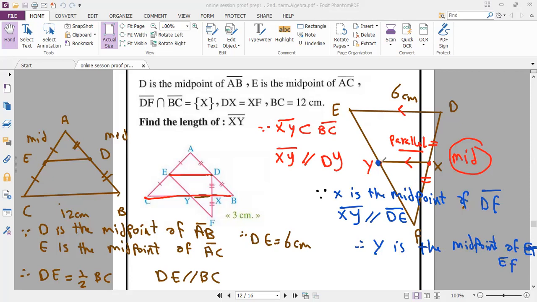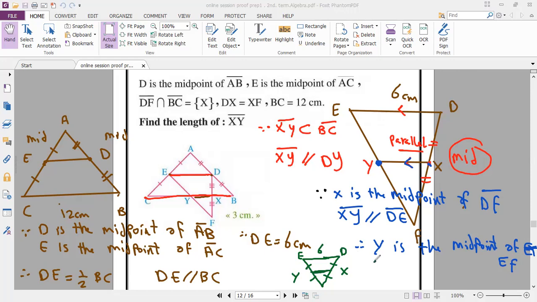So here, the third step in this question, I reached that Y is the midpoint of EF, and because X is a midpoint and Y is a midpoint in this triangle here, XY is equal to half of DE. And DE equals 6. So XY in this case is going to be 3 centimeters.